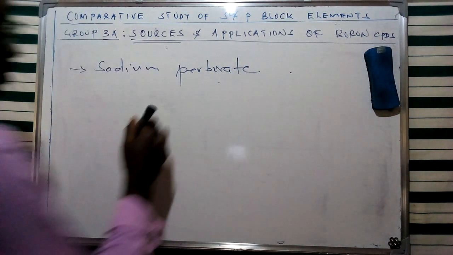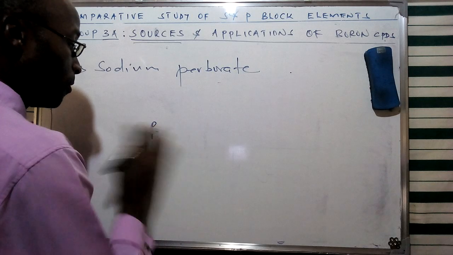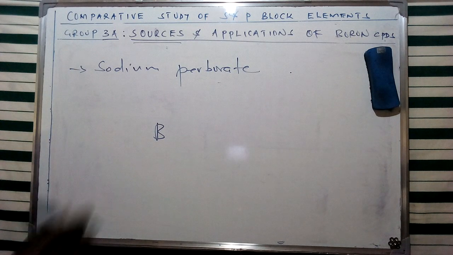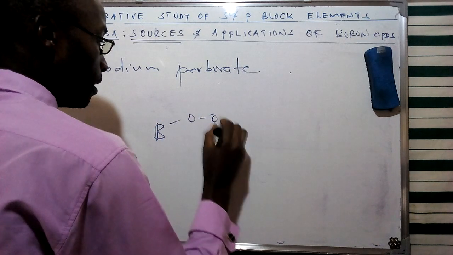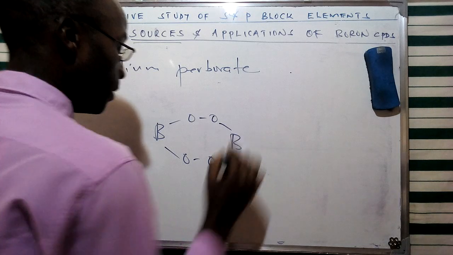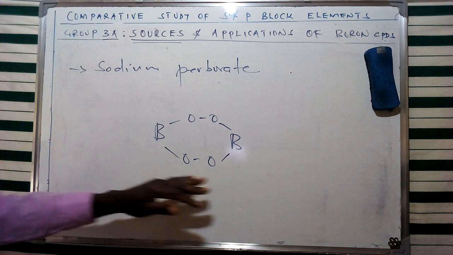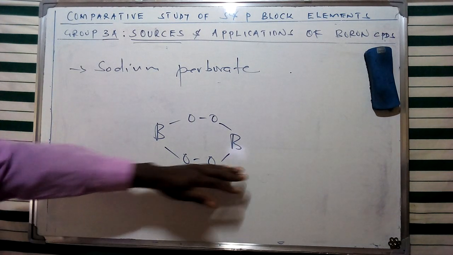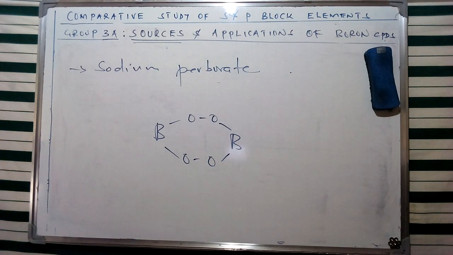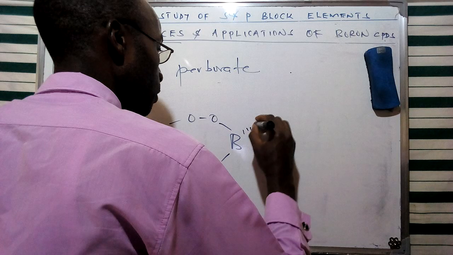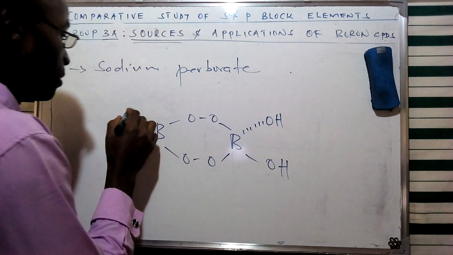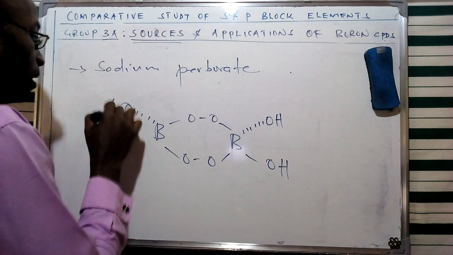So in this case, as we are going to look at in our various videos, in case we mention them, I'll be giving a reference to this particular video so that we can create a contrast with other compounds. So in this case, for the 2 boron atoms, we're going to see the peroxyl groups bonding to them using this specific arrangement. And we shall have these hydroxyl groups appearing at this specific point using this particular illustration.